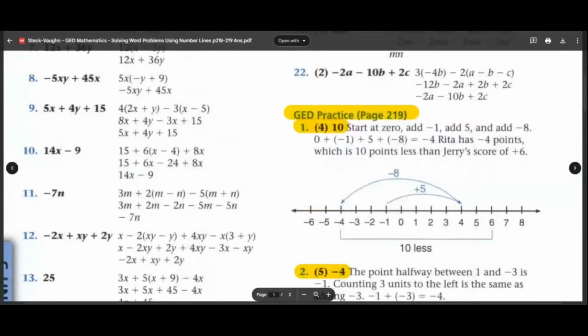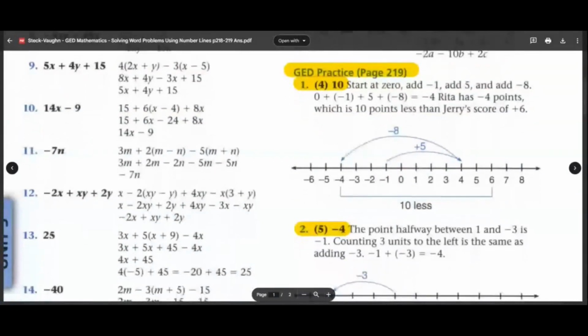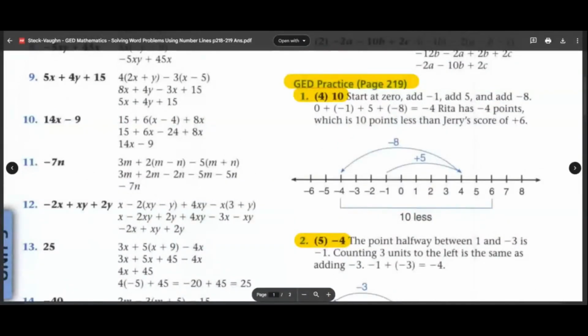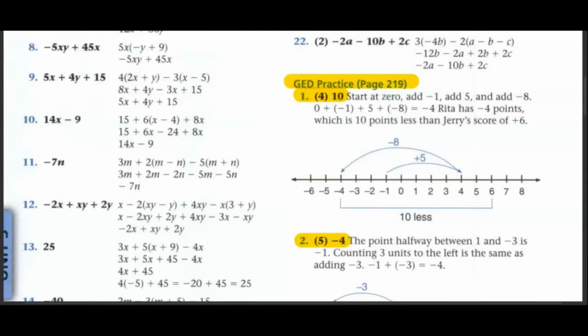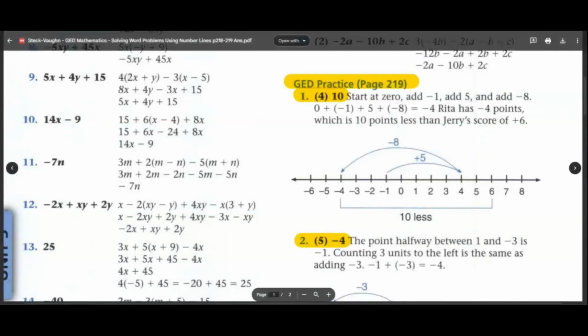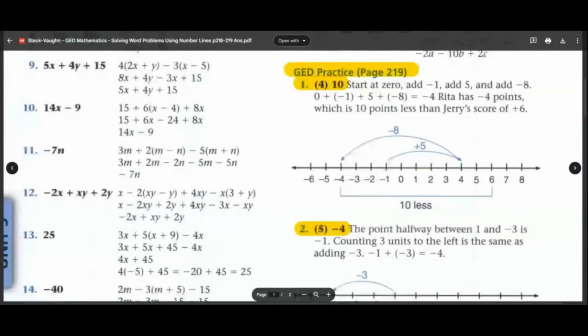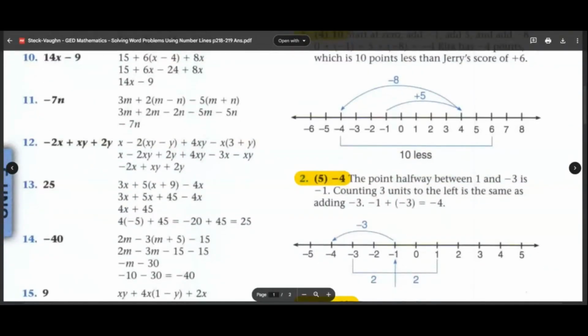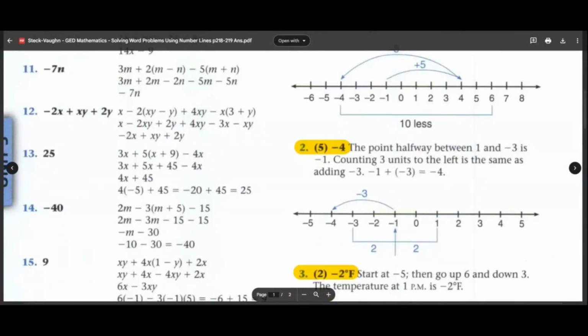Number 1 was answer choice 4. Number 2 was answer choice 5. Number 3 was answer choice 2.